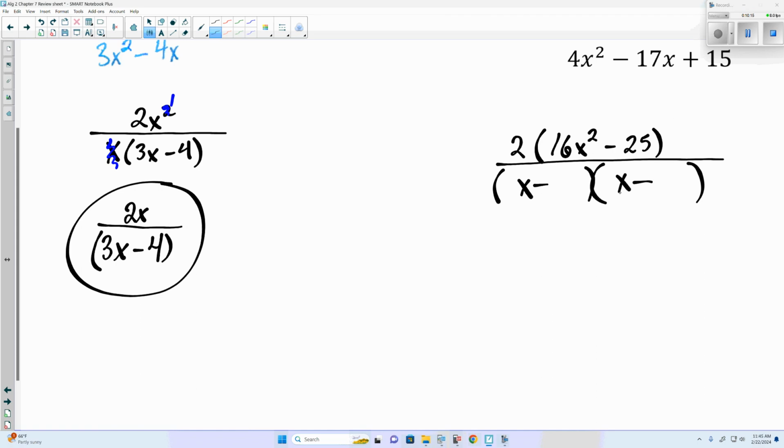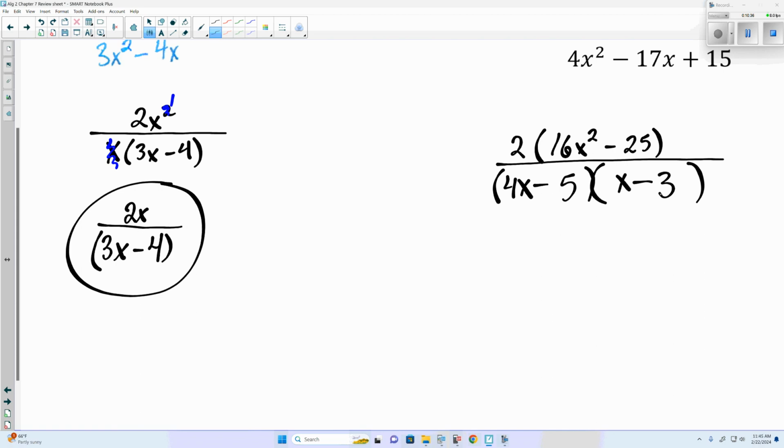And we need to see what's going to factor for 4. Well, it's 1 and 4 or 2 and 2, yes? I'm going to go with 4 and 1. Factors of 15 are 1 and 15, 3 and 5. I'm going to pick 5 and 3 out of all these here.